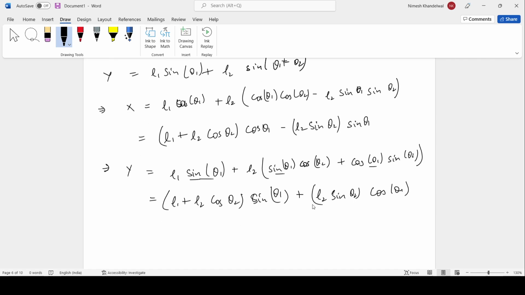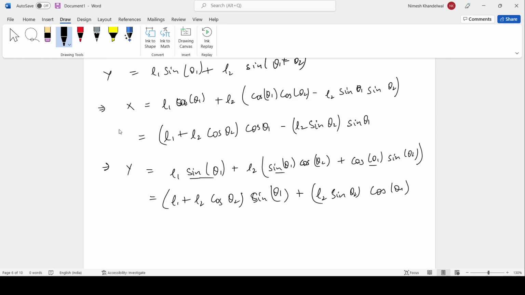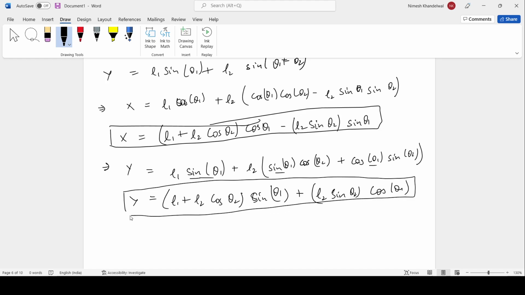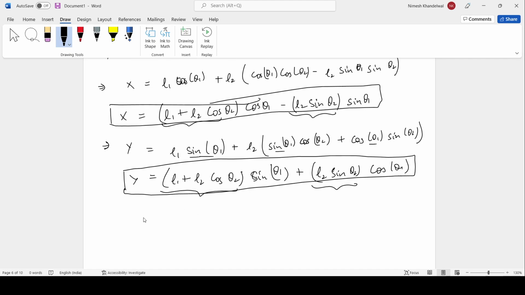Now, if you compare both of these equations, they have the same coefficients for sine theta 1 and cos theta 1, but just different: here the first coefficient is for cos theta 1, and the same coefficient in y is for sine theta 1.